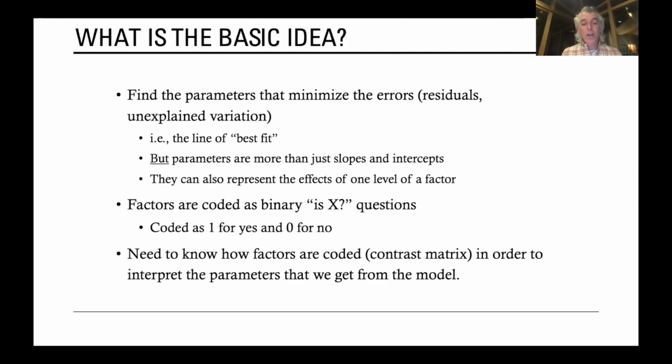As a reminder, we don't have to do this coding ourselves in our data file. We let the statistical package do it for us in the background when it's crunching the numbers, but we do need to understand how this contrast matrix is being put together to be able to interpret the parameters that we get out in our statistical summary.